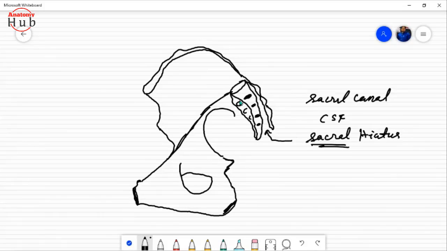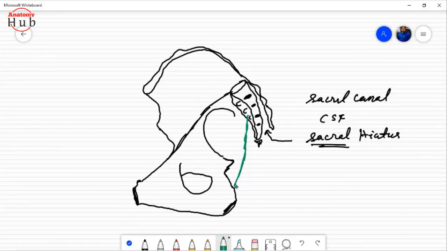Then after all these things, we'll see this is the lower part of the sacrum, and just below that you'll find the coccyx over here. So from this you'll find there is the presence of one ligament.